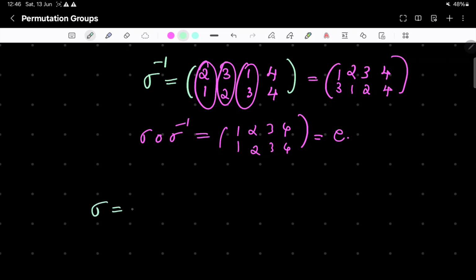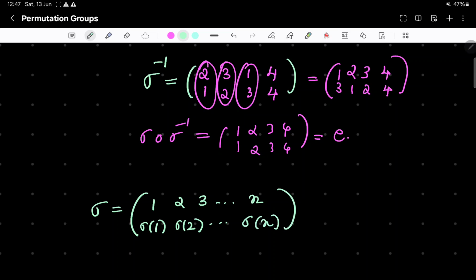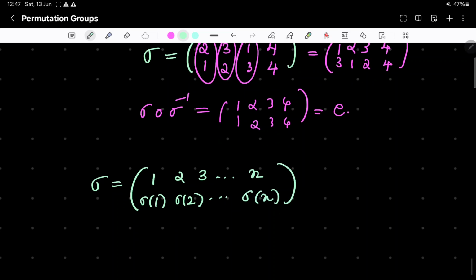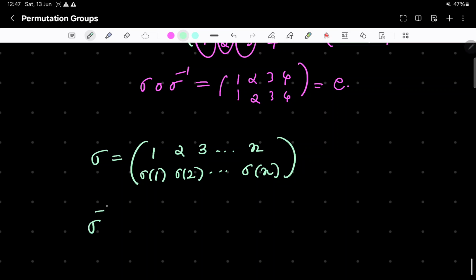Suppose you have a sigma, so you have 1, 2, 3, up to n. Let me call the mapping sigma(1), sigma(2), finally sigma(n), some numbers, because I don't know them, that's why I'm writing the function values. Now my claim is that sigma inverse, which I call gamma, is just the flip.